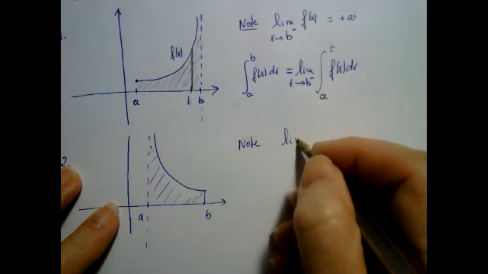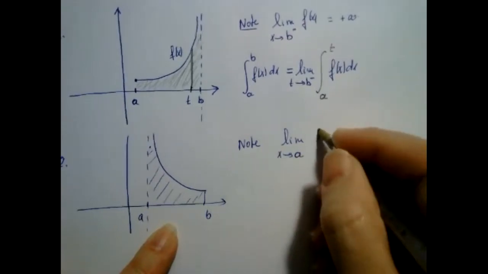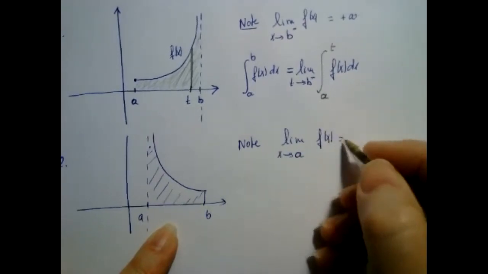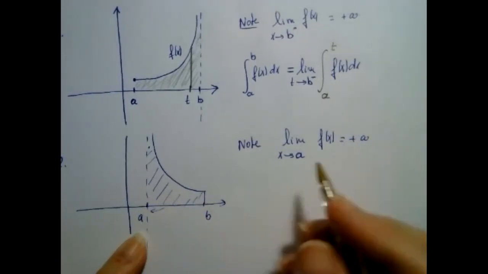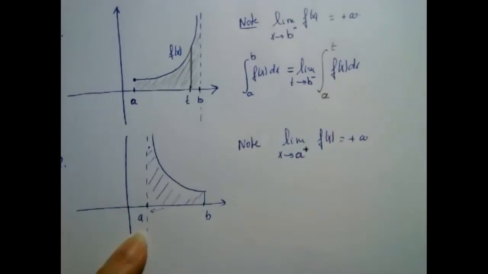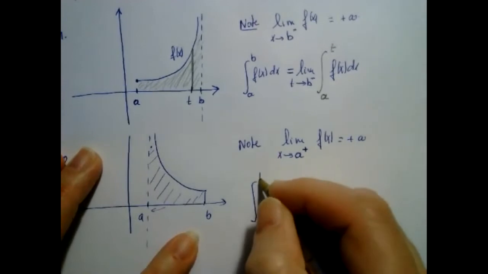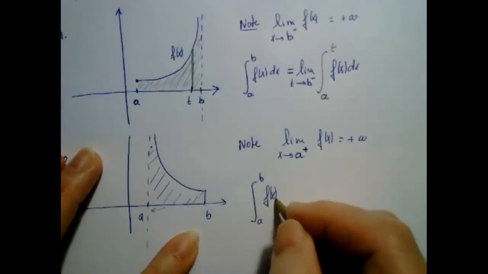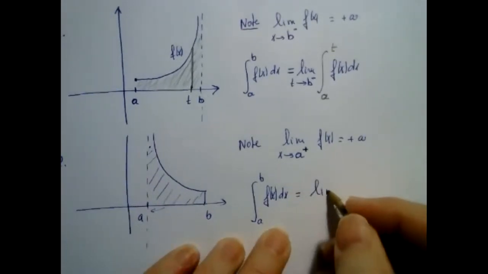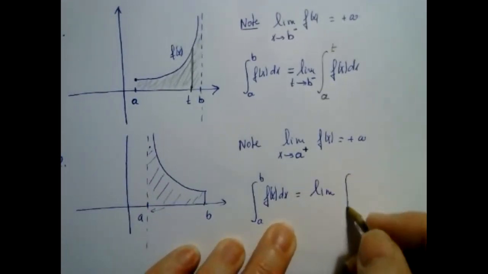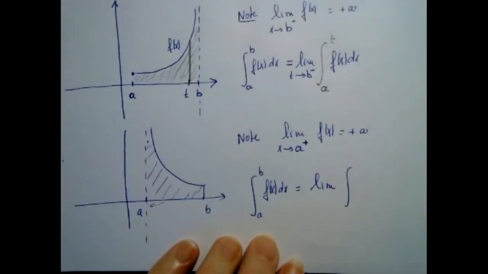In this scenario, we note that the limit as x becomes close to a of f of x equals plus infinity, where x approaches a from the right, meaning a plus, from the positive side. And in this scenario, the integral is defined to be the following: the limit, you finish what I'm writing.